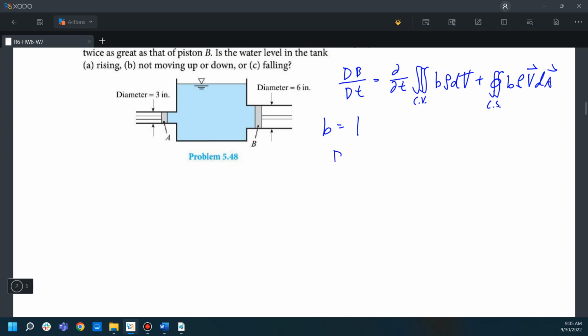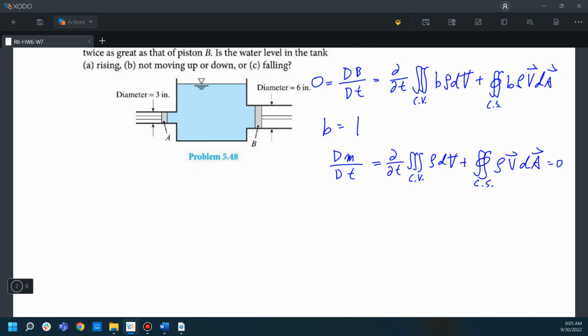So when B is equal to 1, this becomes dM divided by dt, where M is the mass, is equal to partial derivative with respect to t of this control volume part. B is 1, so we have rho dV, the volume, plus the surface term, this is 1 now, so this is rho V dot dA, and that is equal to 0.